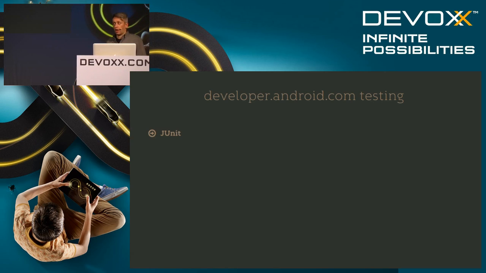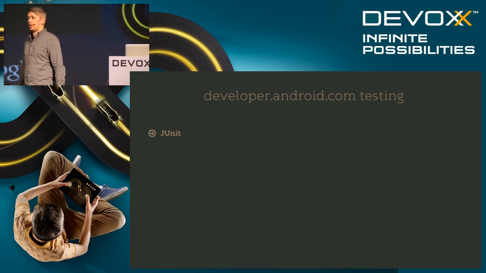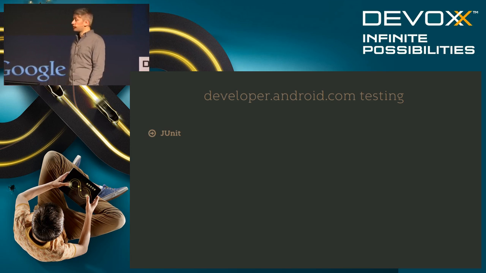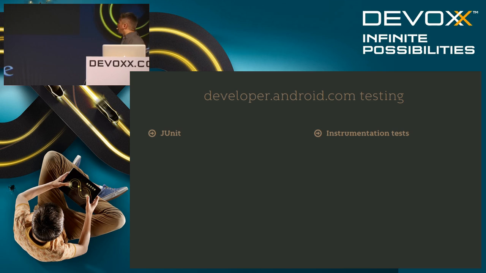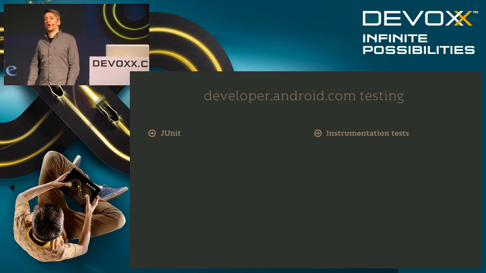The first thing to know is that the testing tools in the SDK are based on JUnit. And the system to test your application is called instrumentation testing.